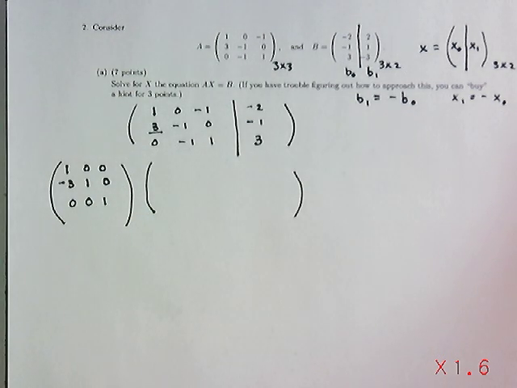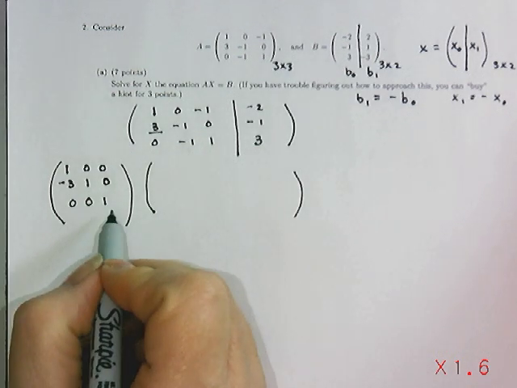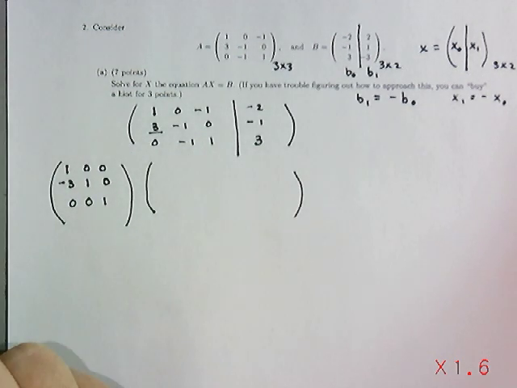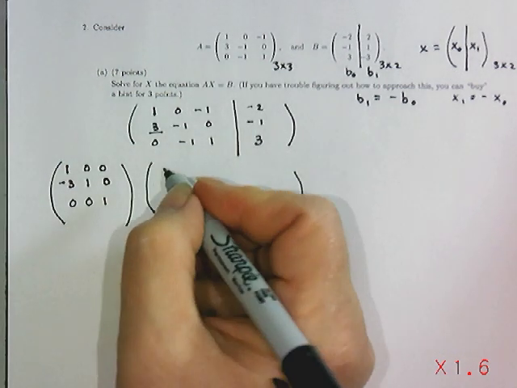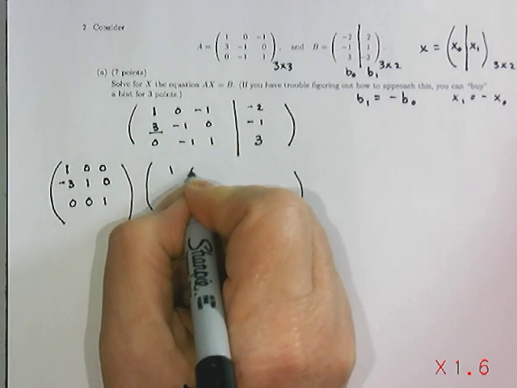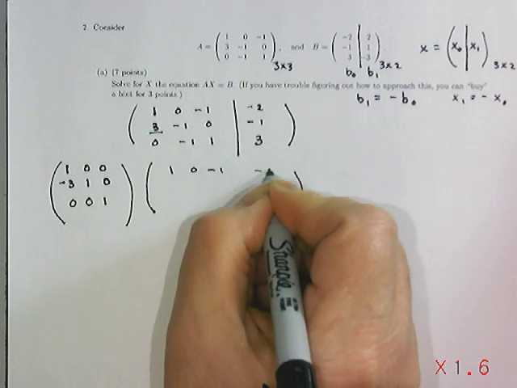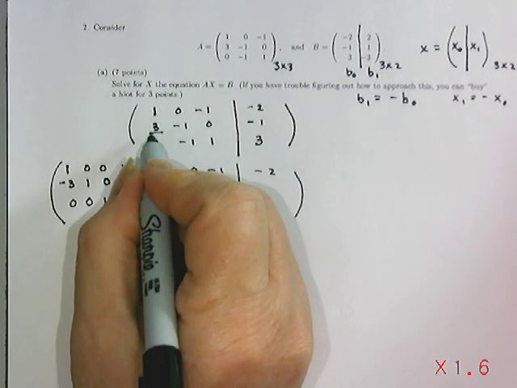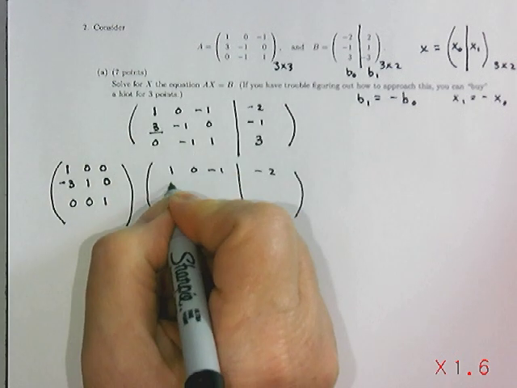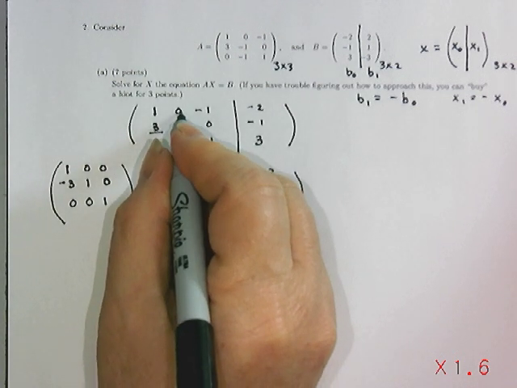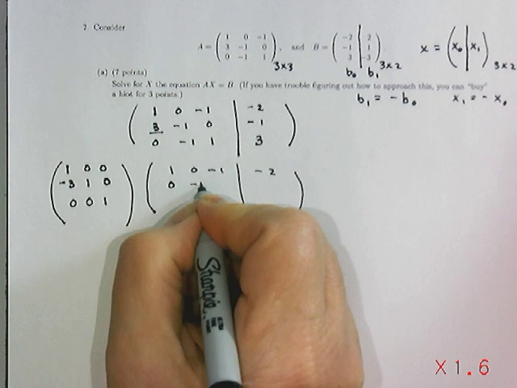And so my Gauss transform will look like this. And when I do this, the first row stays the same. The second row, I multiply the first row by negative 3 and add. I end up with 0, negative 1.